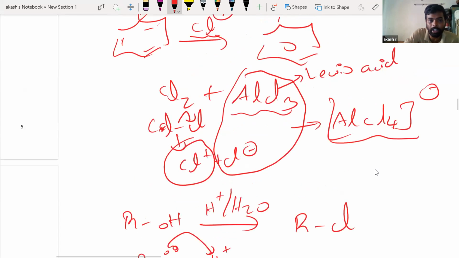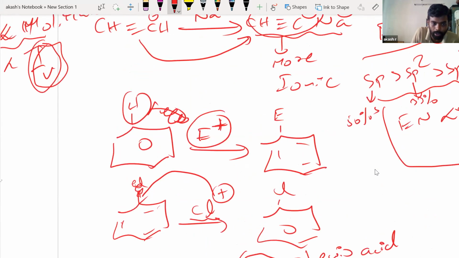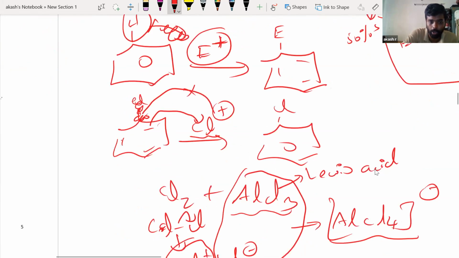In the benzene ring also, what I wrote is wrong. It should be this double bond attacking, not Cl plus. That is how you should tell. Negative to positive. Negative only attacks the positive. Positive doesn't move. Remember this.